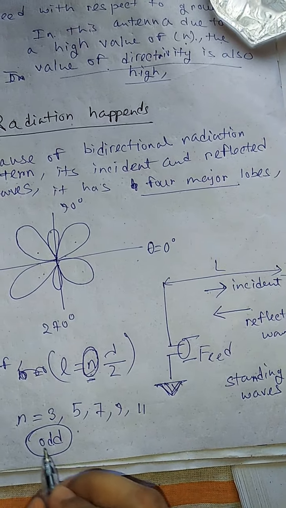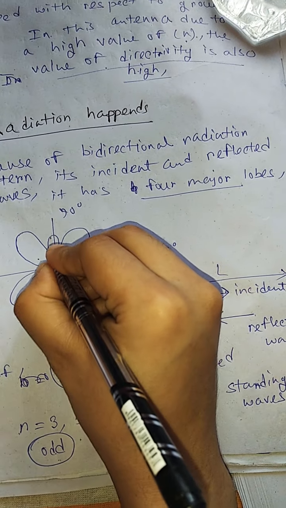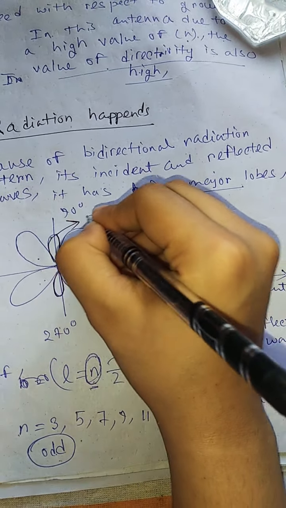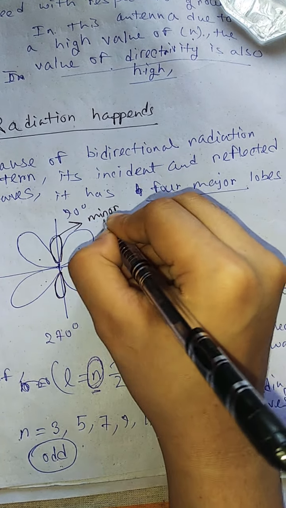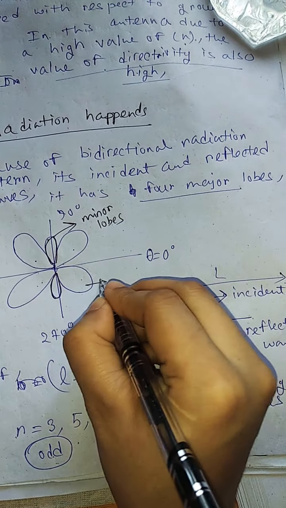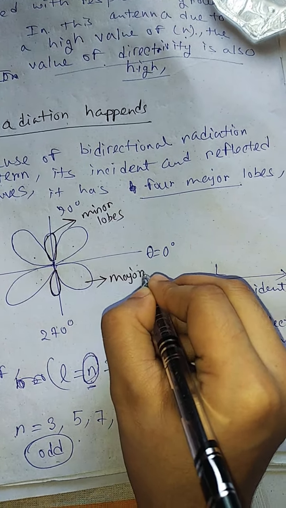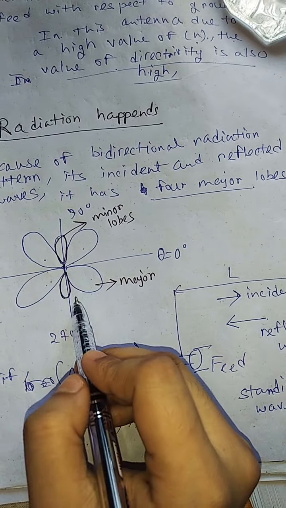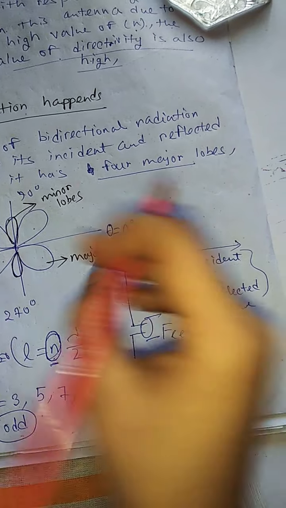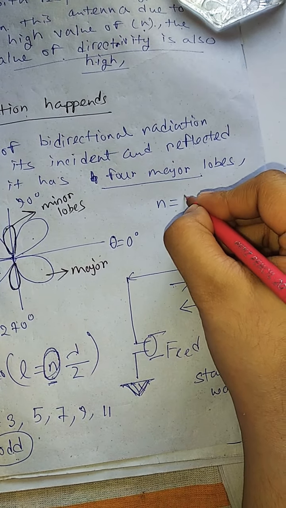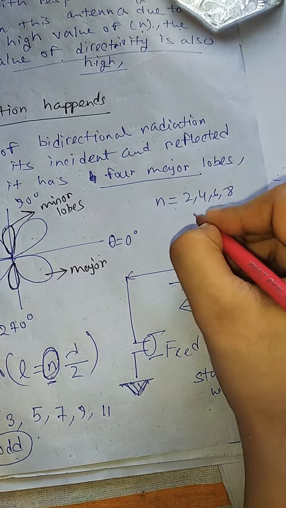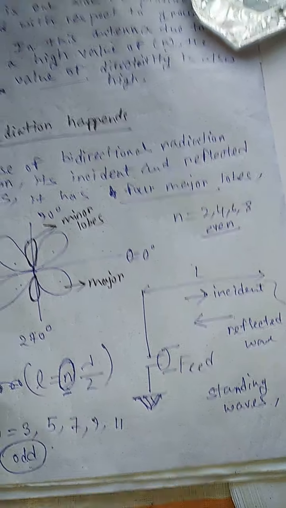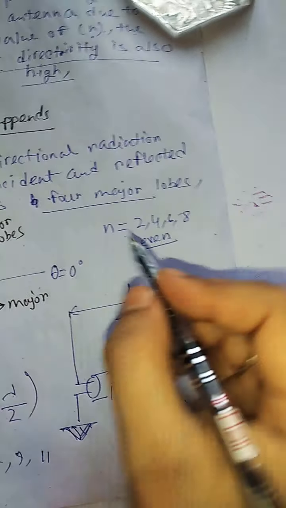If n is even, like 2, 4, 6, 8, then it has 4 major lobes and 4 minor lobes.